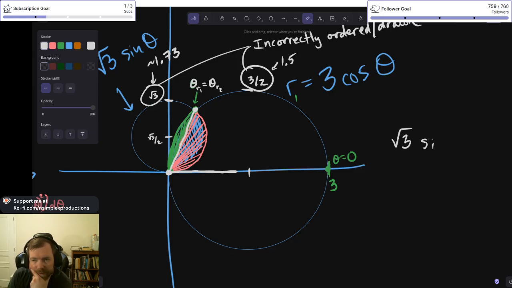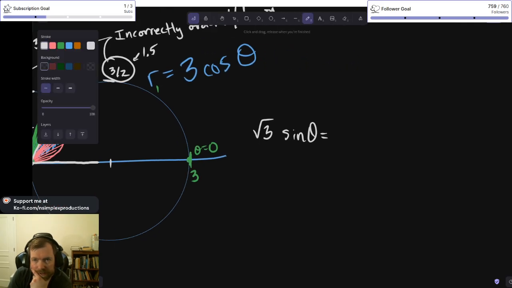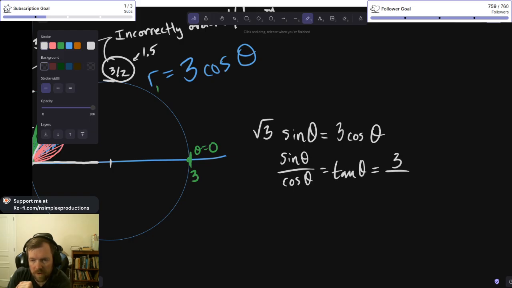Okay. Root 3 sine theta needs to be equal to 3 cosine theta. And so this is going to be sine theta over cosine theta, which is tangent theta. It's going to be equal to 3 over root 3, which is just root 3, right?